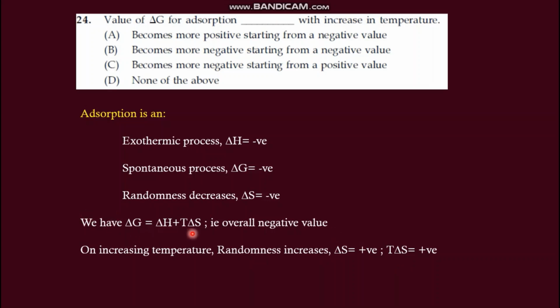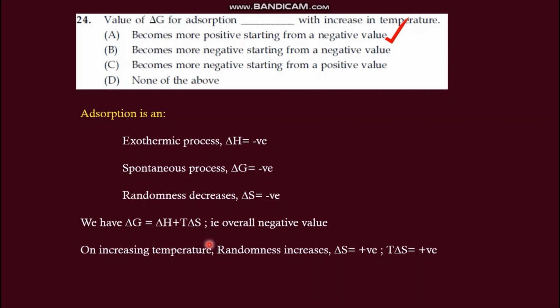So here delta H is negative, T delta S is positive. We are increasing the temperature, so this value will be more positive. That means effectively the value will be very less than the initial value. So the correct answer will be become more positive from a negative value.